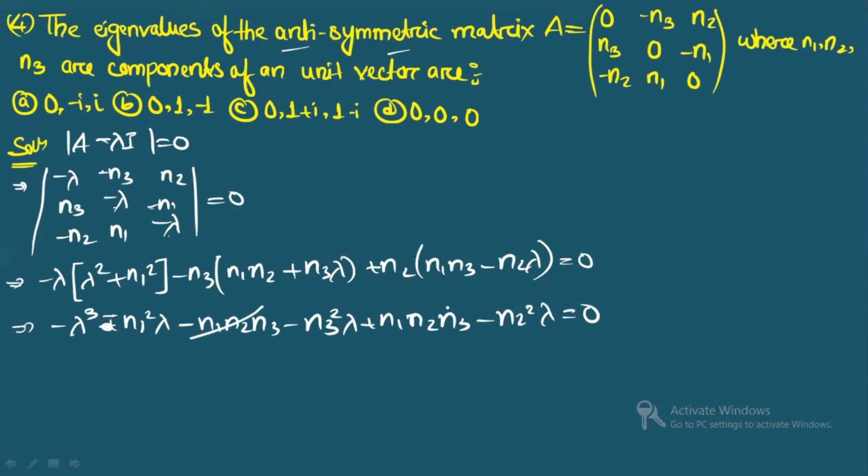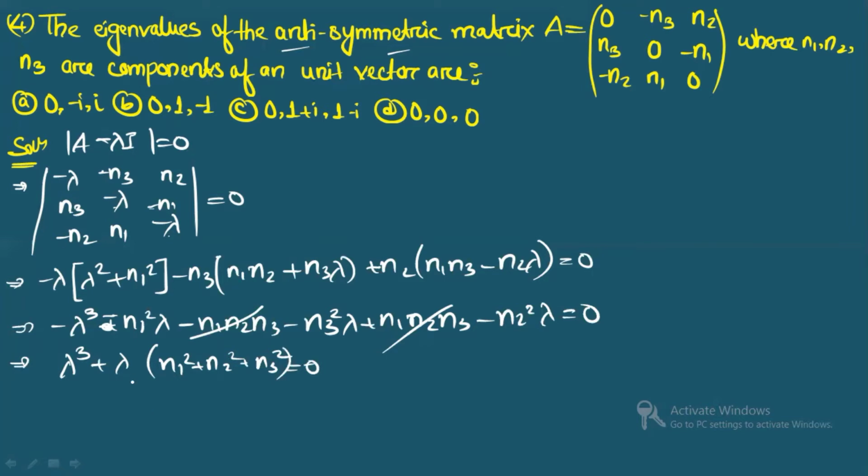So minus n1 n2 n3 plus n1 n2 n3 will get cancelled. All right, and if I take minus common, this will give me minus lambda cube, and all other terms will become positive. Okay, so lambda is taken common. You will have minus, n1 square plus n2 square plus n3 square. Okay, it is equal to 0.